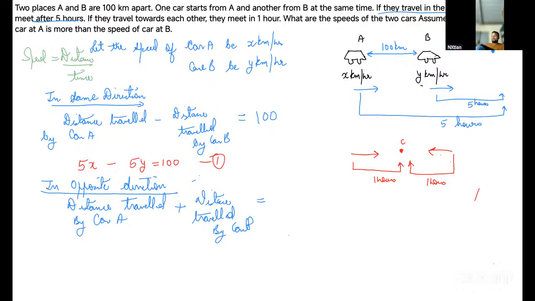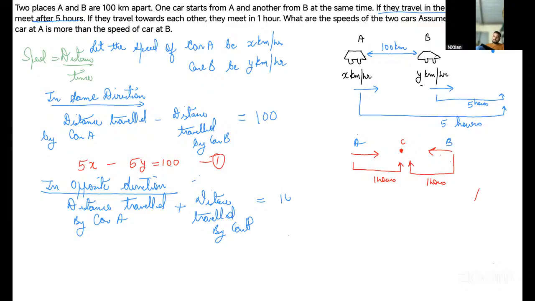The distance traveled by car A is this much, and the distance traveled by car B is this much. If you add it, what will you get? You will get 100 kilometer.